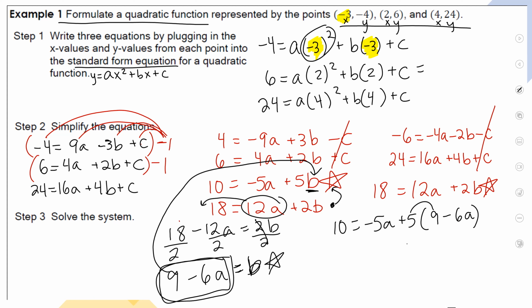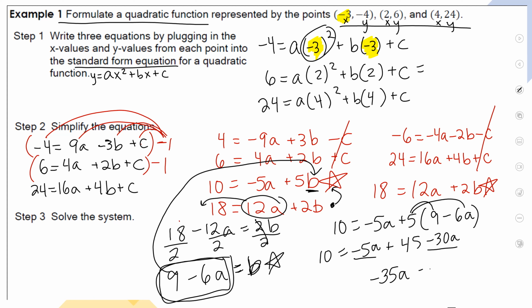Five times 9, this is 45. 5 times negative 6a is negative 30a. And then I have this over here. Okay, and then I'm going to have negative 5a and negative 30a. That's negative 35a.